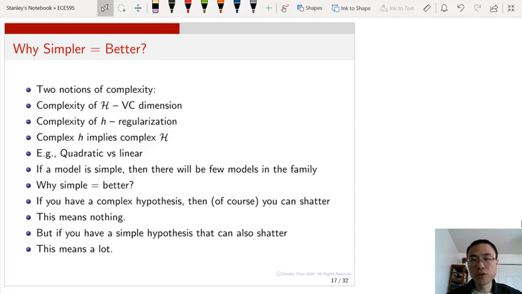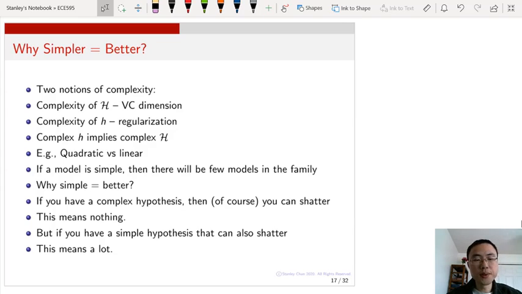And a complex h, small h, usually implies a more complex hypothesis set. For example, you can consider using a quadratic equation versus a linear equation. And if a model is simple, then usually you will have a simple h as well as a simple hypothesis set.